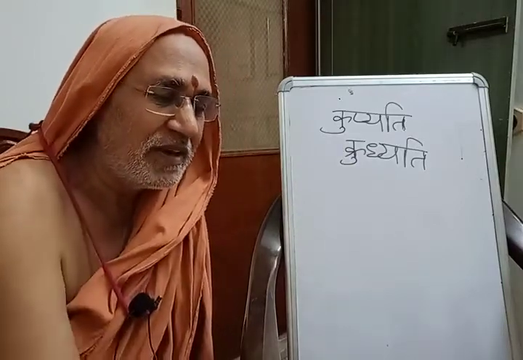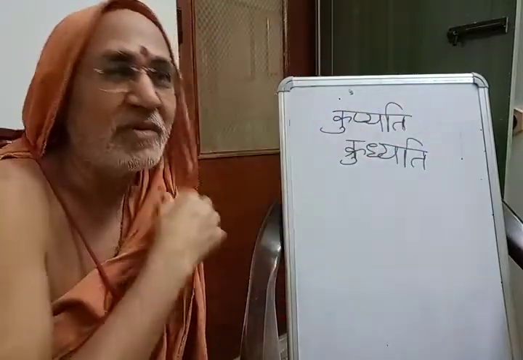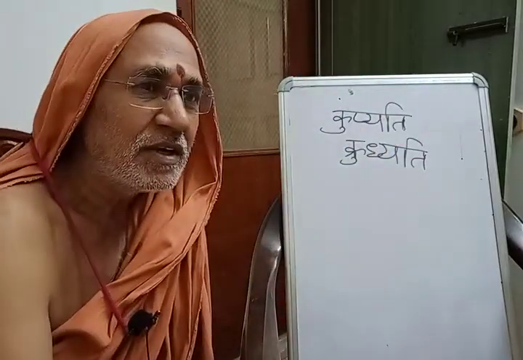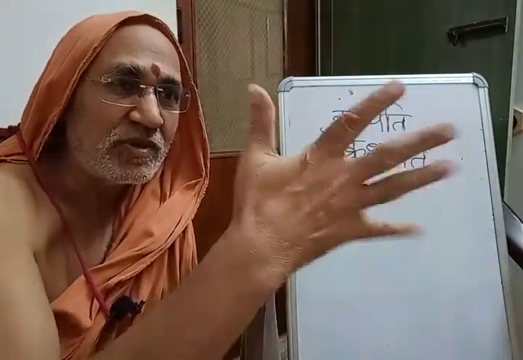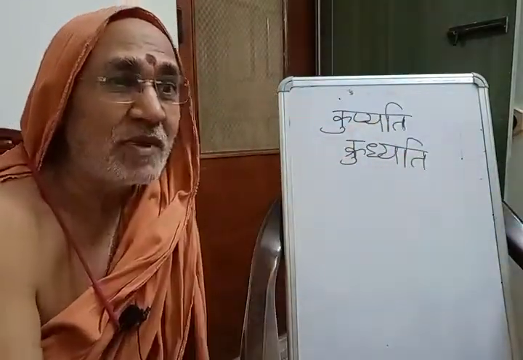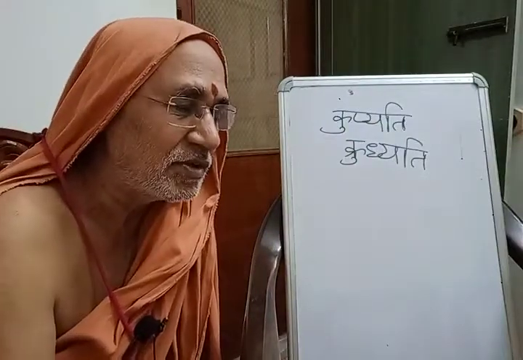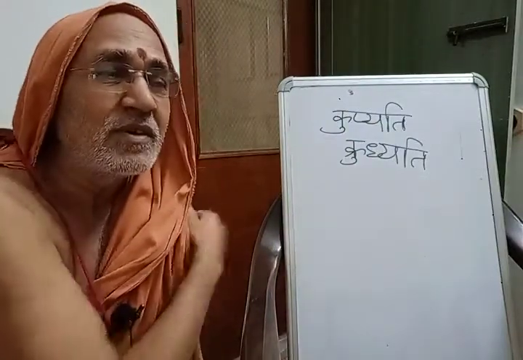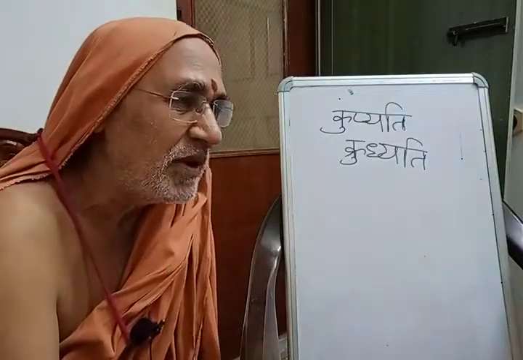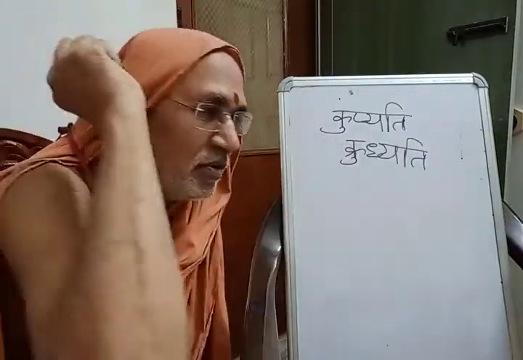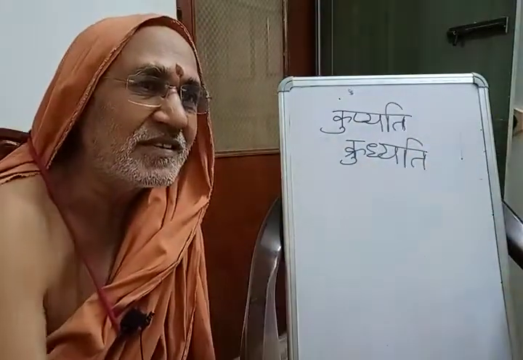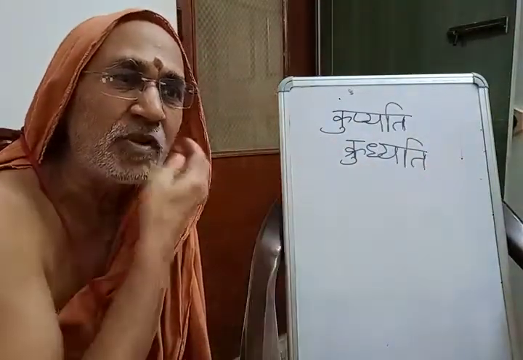Kshubha is to get agitated, disturbed. In Indian languages, kshobha, sanshobha, kshobhit hota hai, prakshobha, vikshobha. Kshobha is used either physically getting disturbed, like when you throw something in water, the water gets disturbed. Jalam kshubhyati.